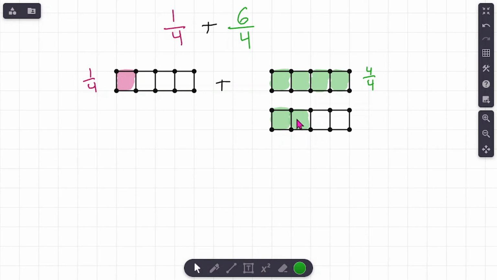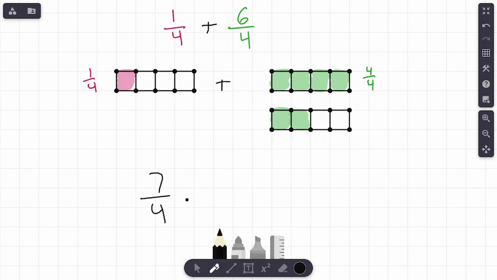So if we add this up, let's see what we're getting as an answer. We take 1/4 plus 6/4, so 1/4, 2/4, 3/4, 4/4, 5/4, 6/4, 7/4. Whoops, change my pen to a pencil here.